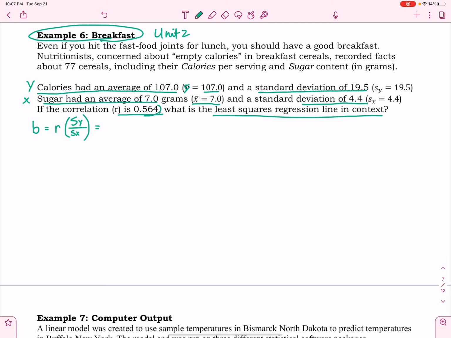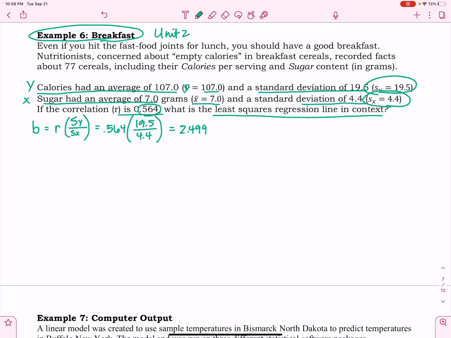So r in this case is 0.564 times the standard deviation of y over the standard deviation of x. Calculator. 2.499. You do have to round that, so keep that in mind as you're doing these.